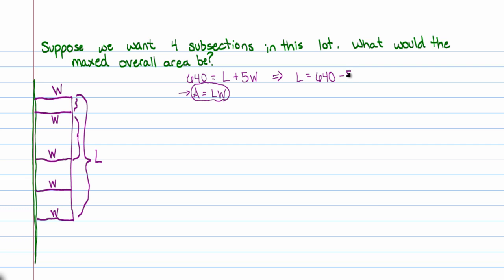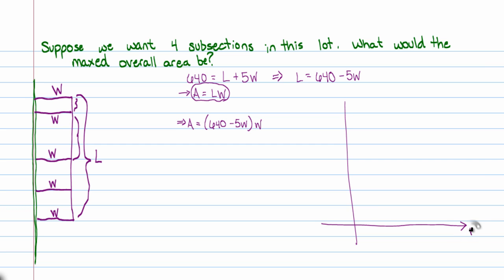Notice this is strangely similar to the last problem, right? But the result will be different. So this tells me the area is going to equal 640 minus 5W times W. And now I want to be able to graph this equation to find out when I get a maximum area. And the best way to do this is to find the horizontal intercepts.